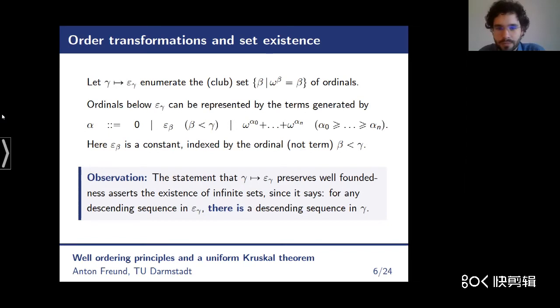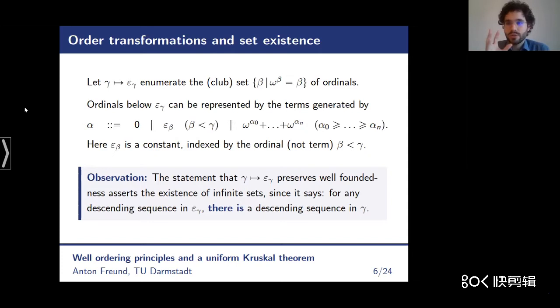And now the crucial observation is that now that we consider transformations rather than single orders, we actually do get statements about the existence of infinite sets. Namely, if we look at a statement that this map, gamma goes to epsilon gamma, preserves well-foundedness, in the sense that if gamma is well-founded, then epsilon gamma is also well-founded, then this does imply the existence of infinite sets.